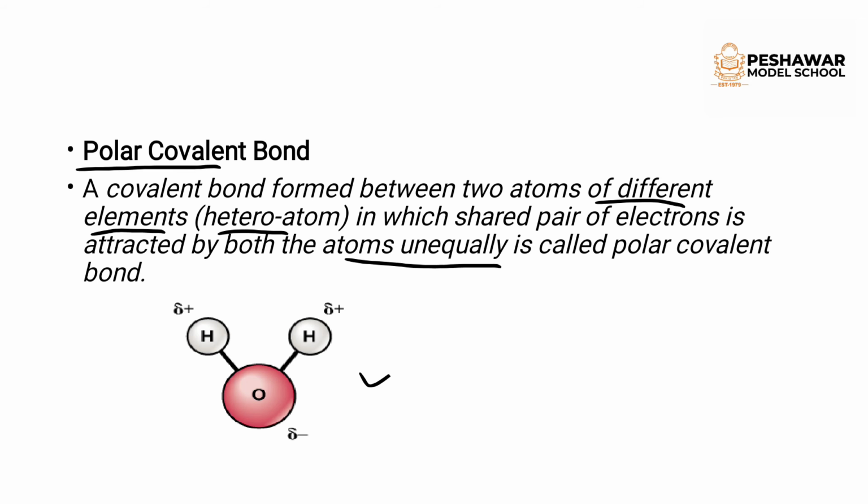For example, look at the molecule of water, H2O. Now oxygen is the second most electronegative element of the periodic table. So in the bond formation of the molecule of water, H2O, what will happen? The hydrogen will not attract the electrons towards itself because it is lower in electronegativity than the oxygen atom.